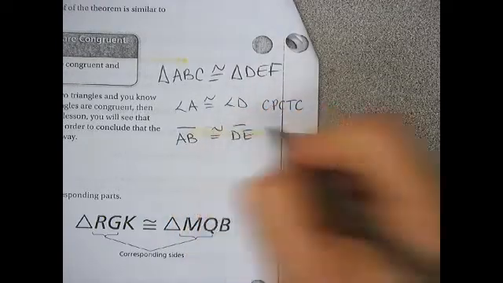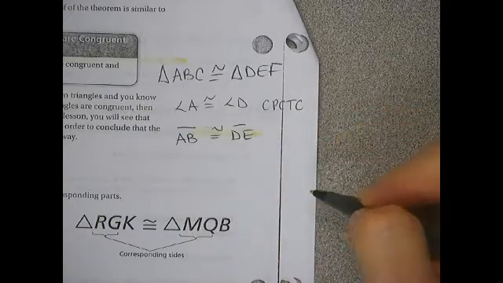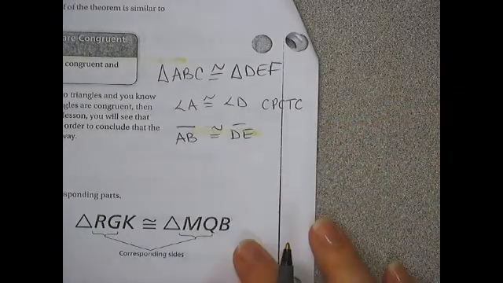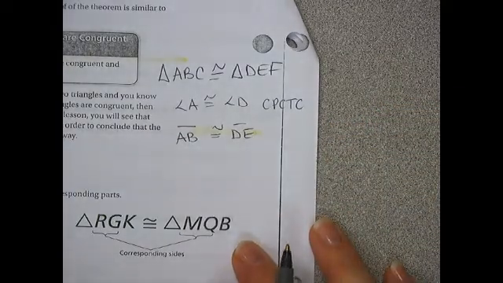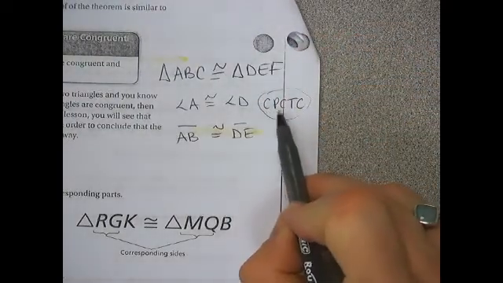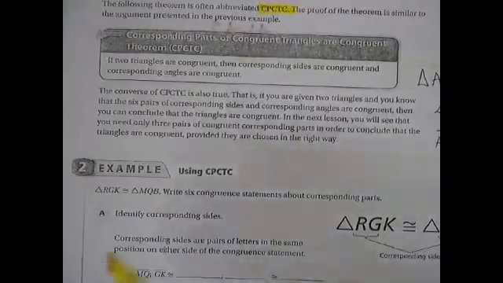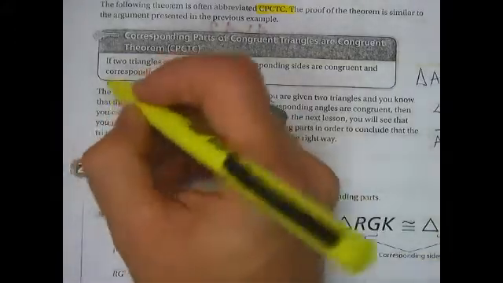Corresponding parts of congruent triangles are congruent. Or if you needed to show that segment AB is congruent to segment DE, your reasoning would be CPCTC. Okay, so we're going to use that a lot, and you can make that abbreviation, but you need to be able to articulate that this means corresponding parts of congruent triangles are congruent.